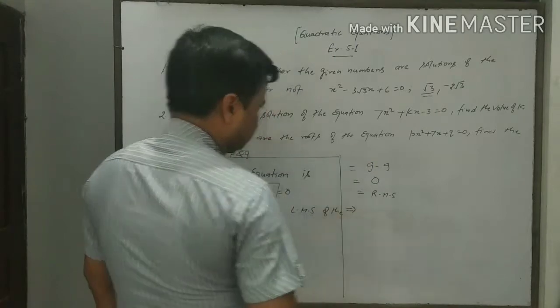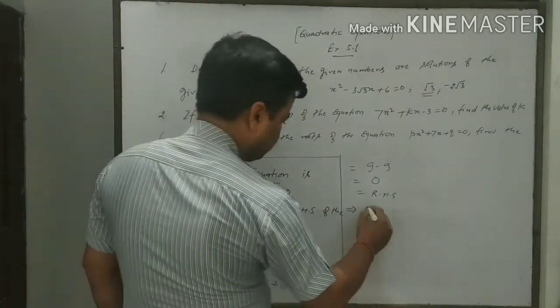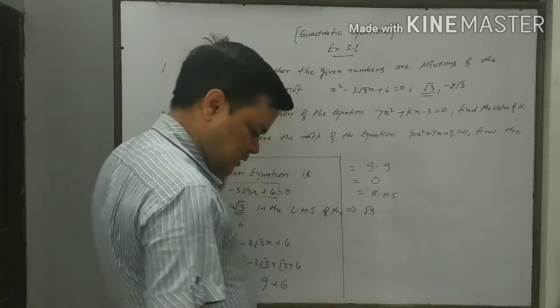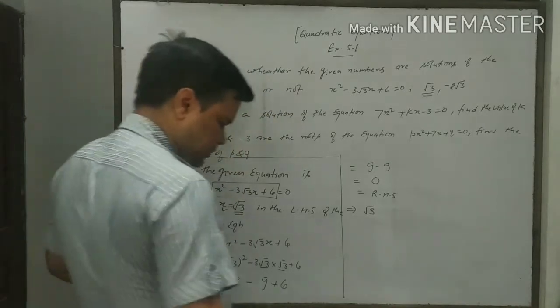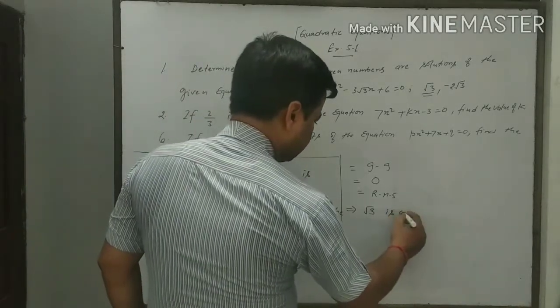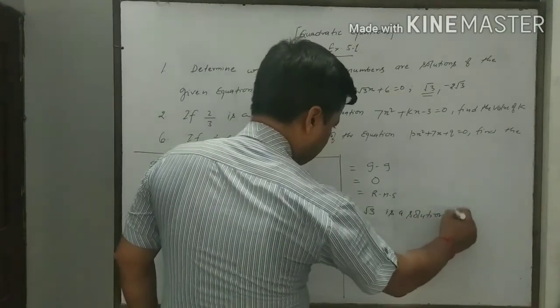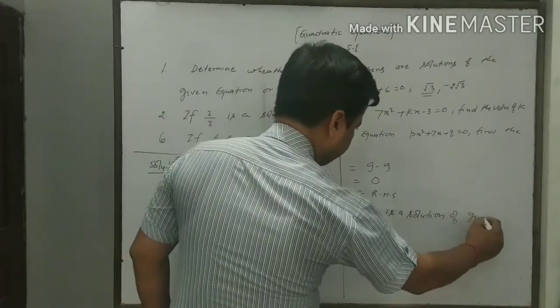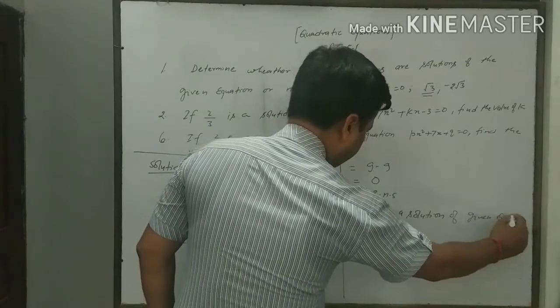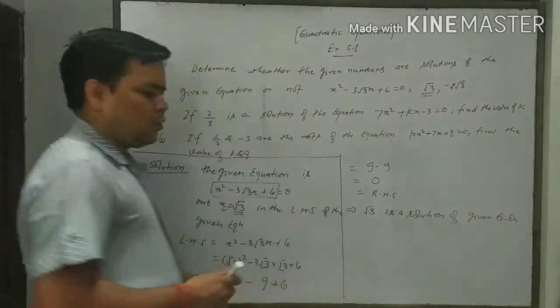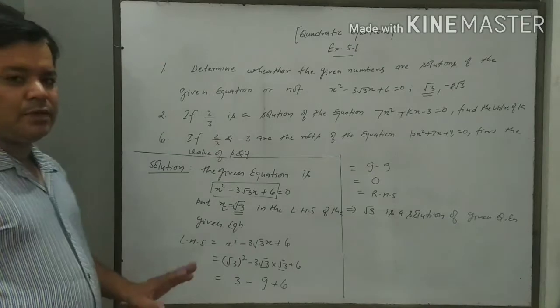This implies that root 3 is a solution of the given quadratic equation. Okay, very simple.